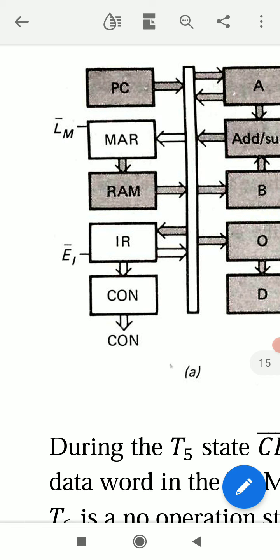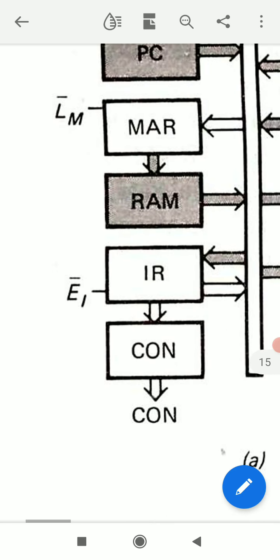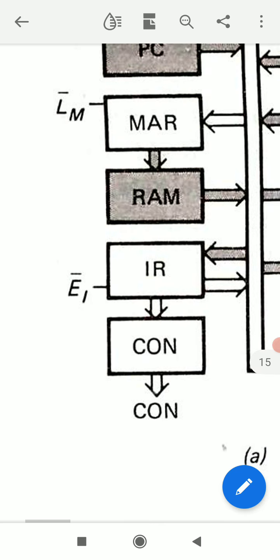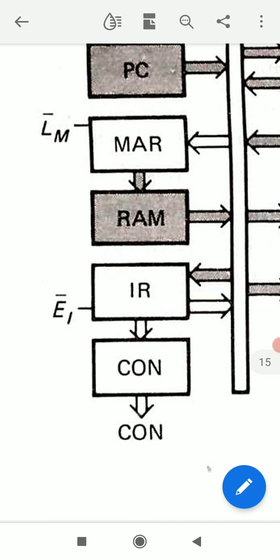Controller sequencer produces a 12-bit control word, and out of these 12 bits, only these 2 bits must be active, LM bar and EI bar. When EI bar is active, 4-bit word goes to W bus, and that 4-bit word goes to MAR when LM bar is active.